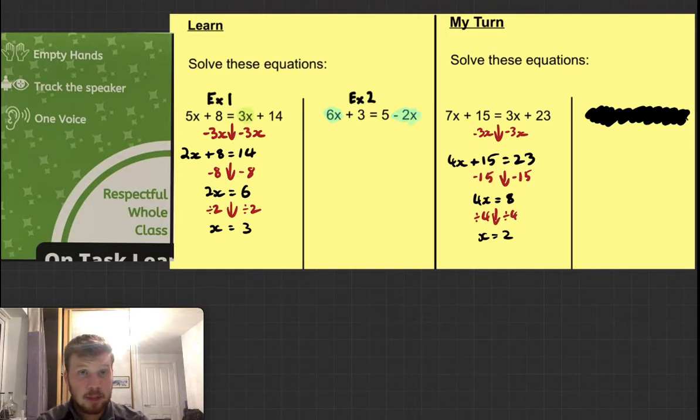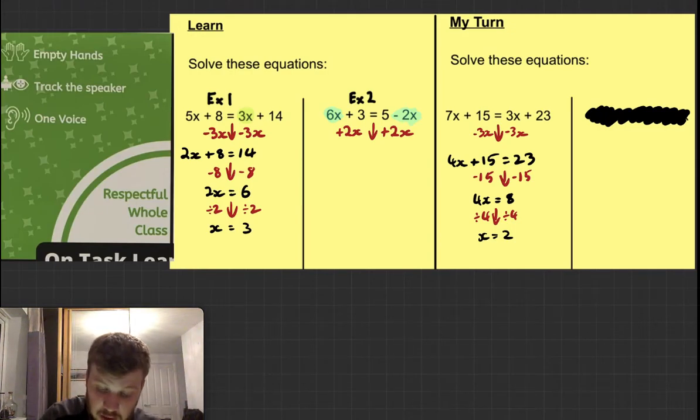So this time, I am still going to use the same idea of taking away the smaller x, but I'm not going to look at the sort of magnitude of a number. I'm just going to think about what's easiest for me. It's going to be the easiest thing for me to just add 2x to both sides, because that gets rid of the problem of us having negative, and it also allows us to get this x value on one side. So adding 2x is going to give me 8x plus 3 is equal to 5.